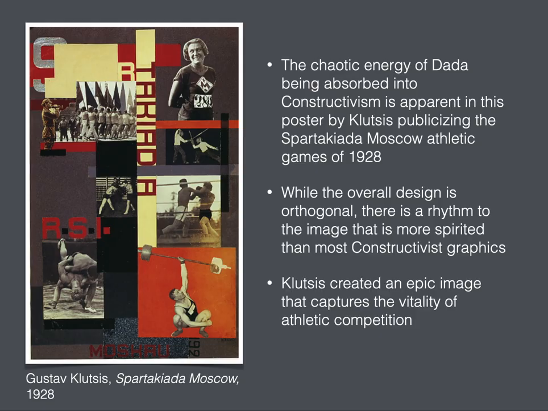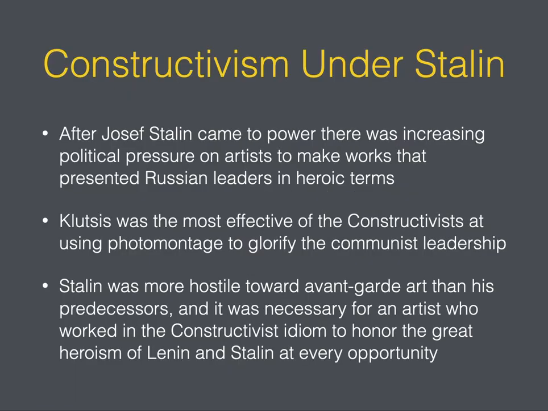Klutzis created an epic image that captures the vitality of athletic competition, and you can see the photographs being used in here as well. Athletes were often used as emblems of the new Soviet citizen and the quality of women under the communist regime relative to their ancillary role in Western European society, represented by the prominent photo of a female athlete in the upper right corner, was a major selling point of Russian propaganda.